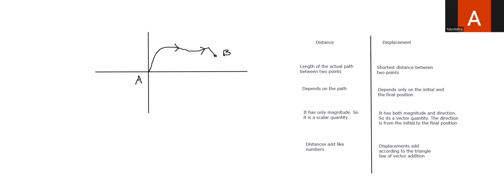But when it comes to displacement, it will be the shortest distance between the 2 points A and B. That will be the straight line joining the points A and B.